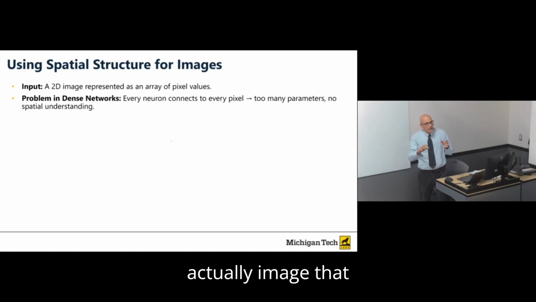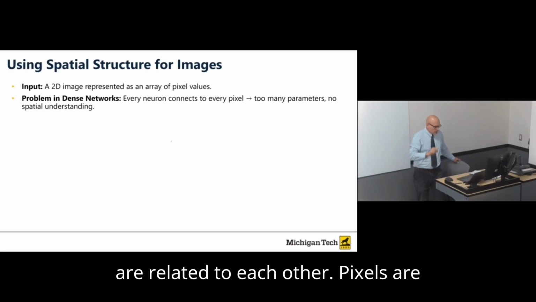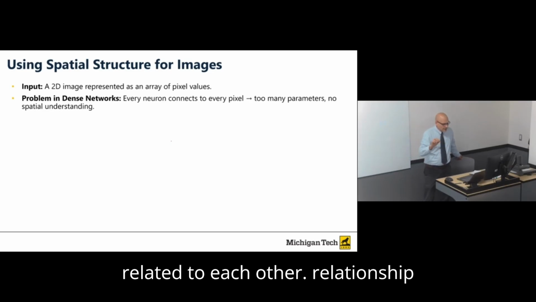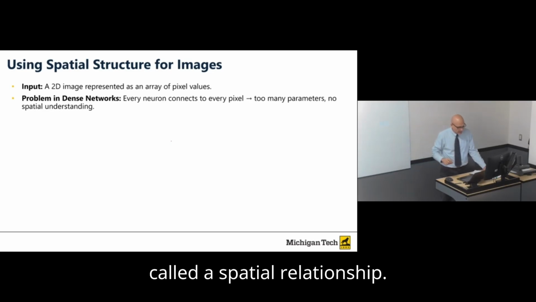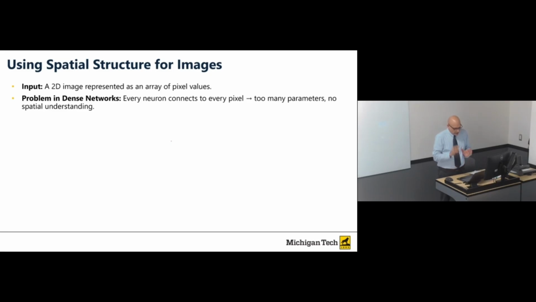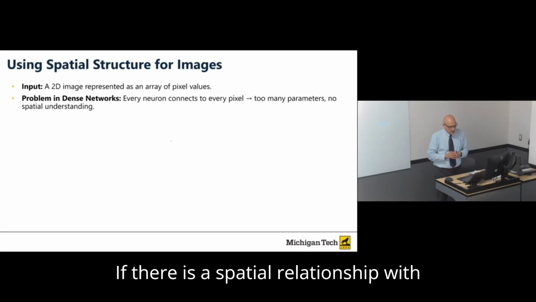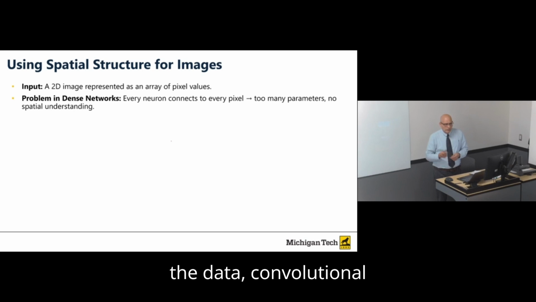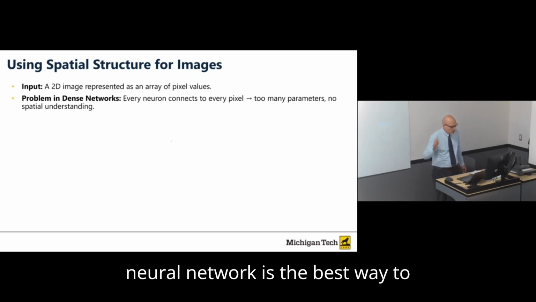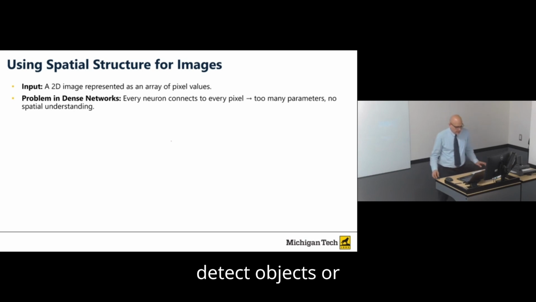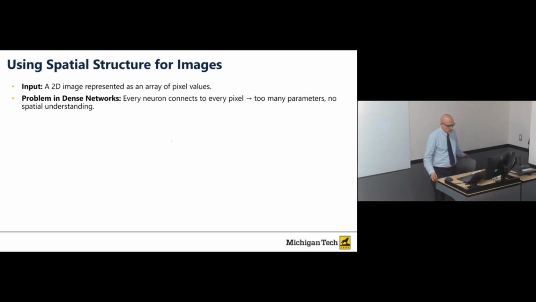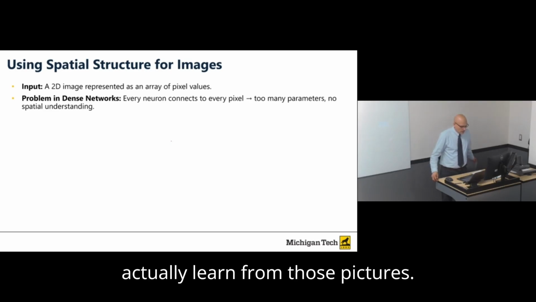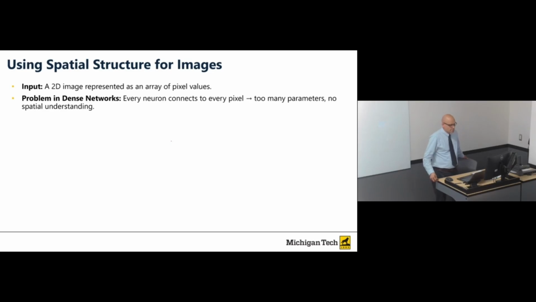It's actually an image where pixels are related to each other. That relationship is called a spatial relationship. If there is a spatial relationship in the data, a convolutional neural network is the best way to detect objects or learn from those pictures. Okay?